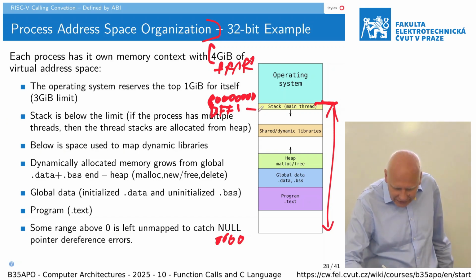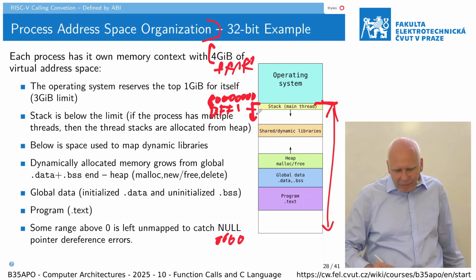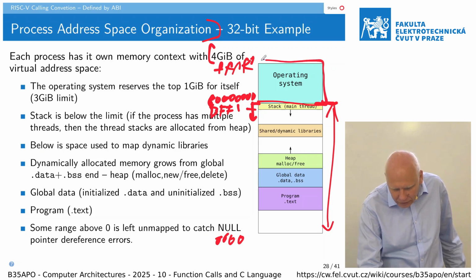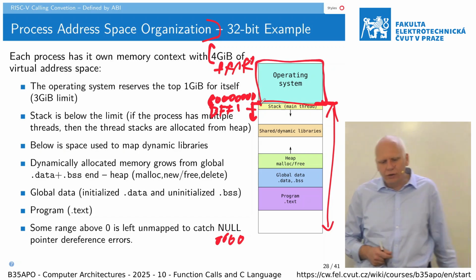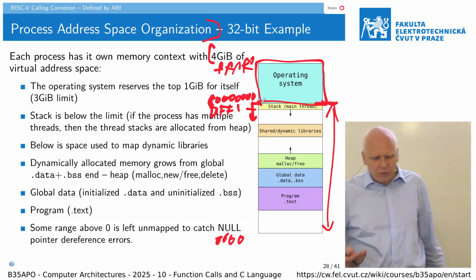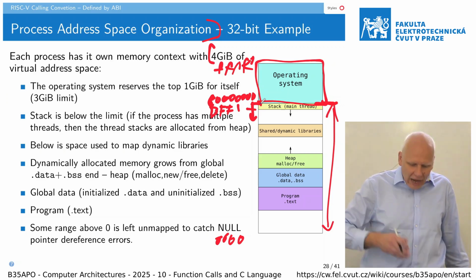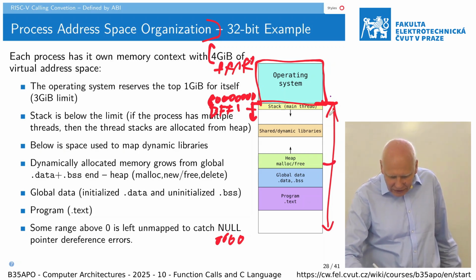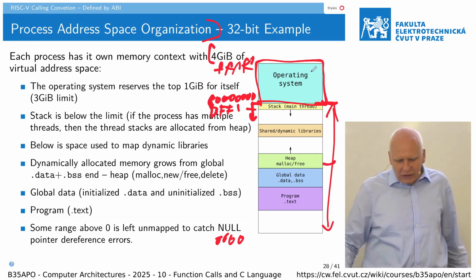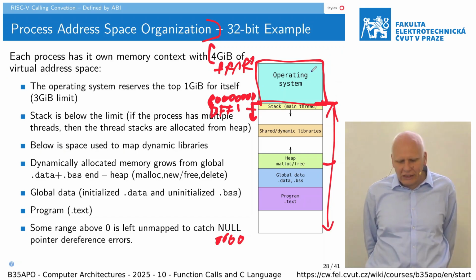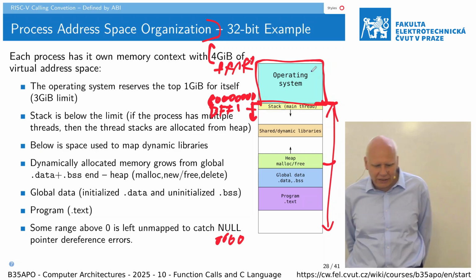And you see that the stack is typically allocated and set up at the start below that limit, because this part of the address space is reserved for the operating system, where the operating system is mapped into each task. And when you invoke the system call, then the execution is transferred to that protected part which you cannot read and write and execute directly.